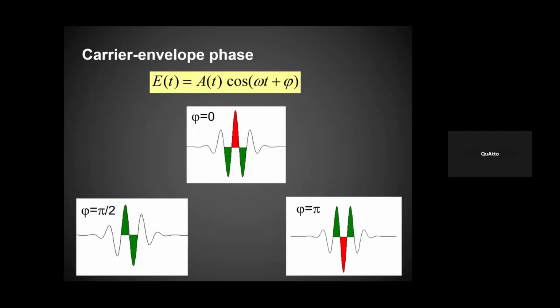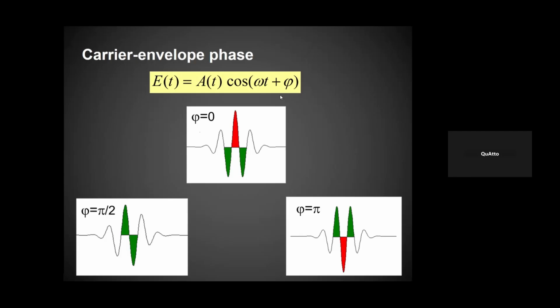The other important aspect, which I have not addressed so far, is the carrier envelope phase. One needs to control not only the pulse duration, but also the precise electric field of the laser pulse. You have seen that the typical way to describe an optical pulse is as a product of an envelope, which can be a Gaussian, times a carrier wave.